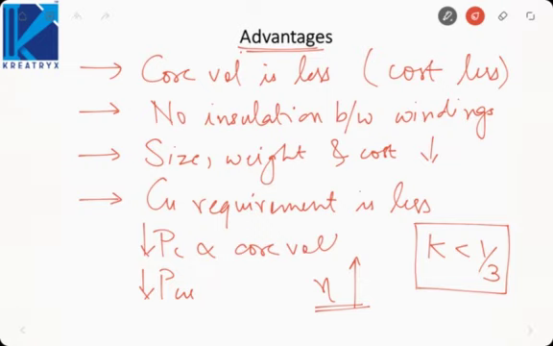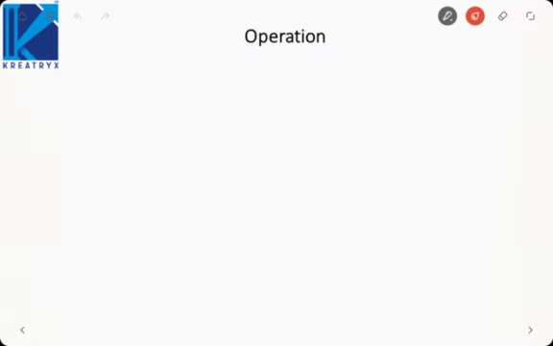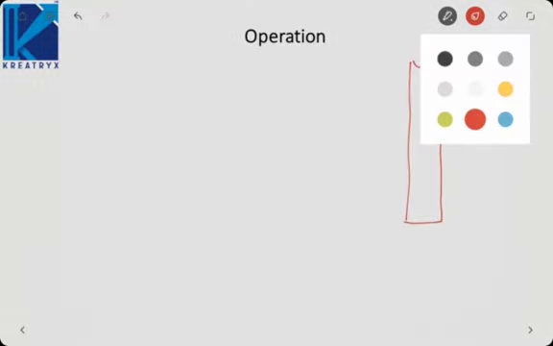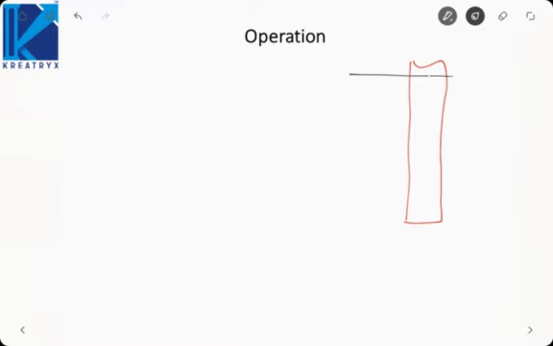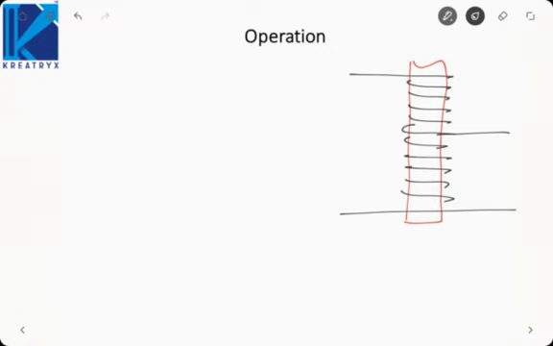Now let us see how currents and voltages are divided in an auto transformer. So let me first draw an auto transformer. This will be my auto transformer.